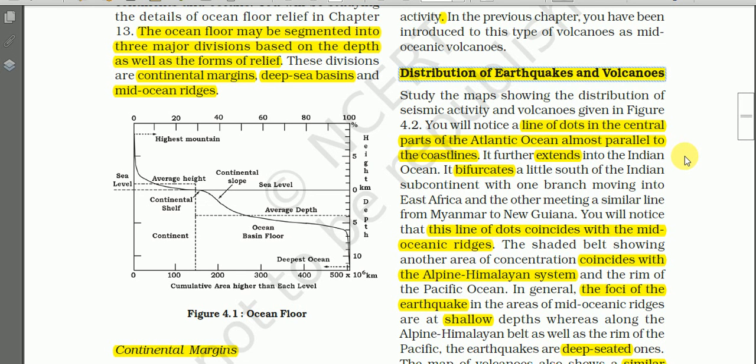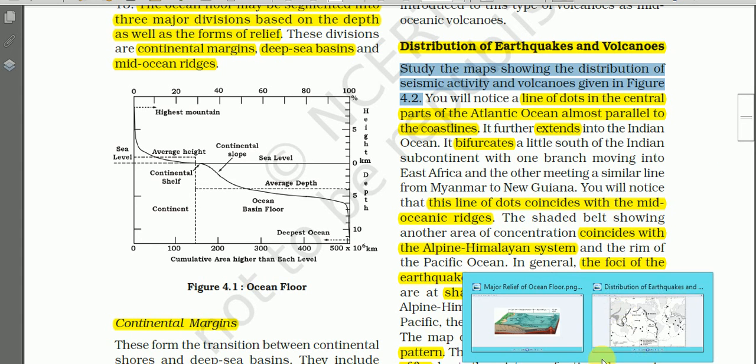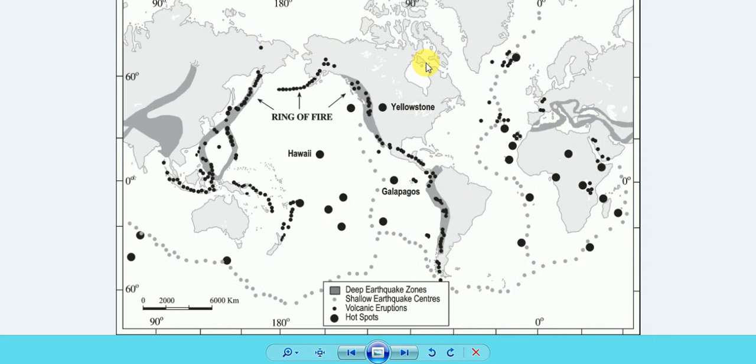And now it describes the distribution of earthquakes and volcanoes. If you study a map, showing distribution of seismic activity and volcanoes, given in figure number 4.2, that means this is the map.